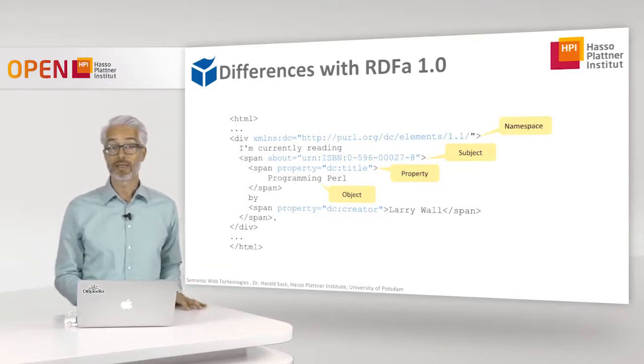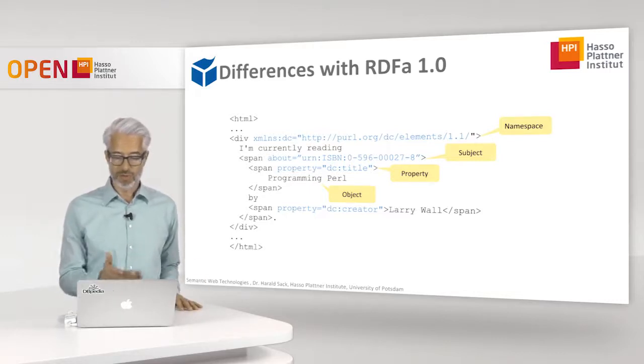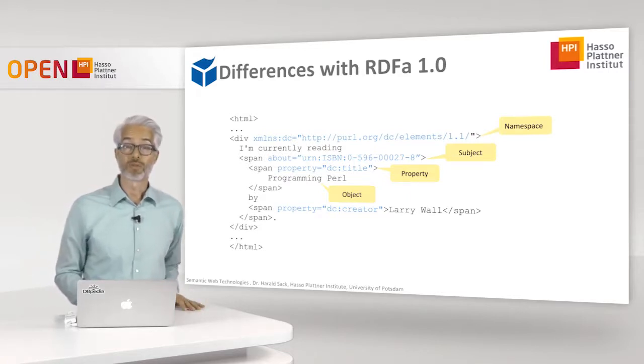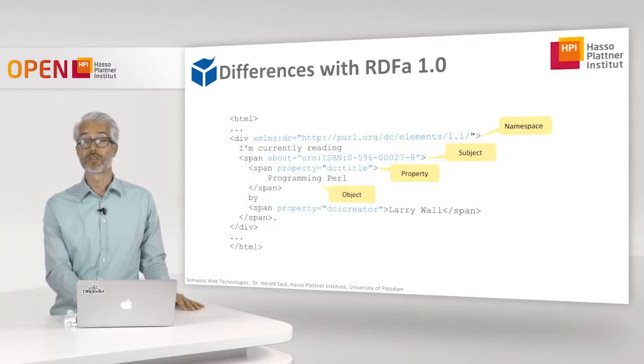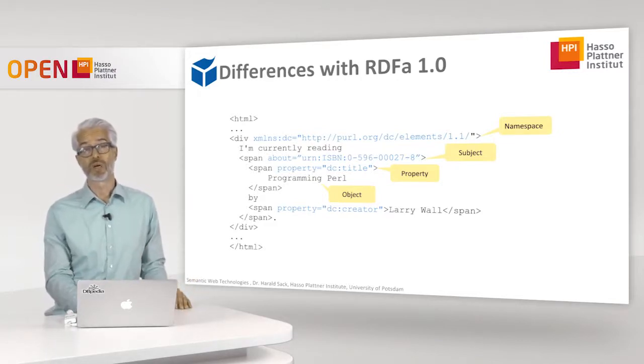This is also a legacy term that we know. It's like the resource, so it defines the subject, and then I have property for the property, and if I'm talking about triples that have as object a literal, I can simply pass what is the content of the surrounding tag. So this is interpreted in a nearly similar way.